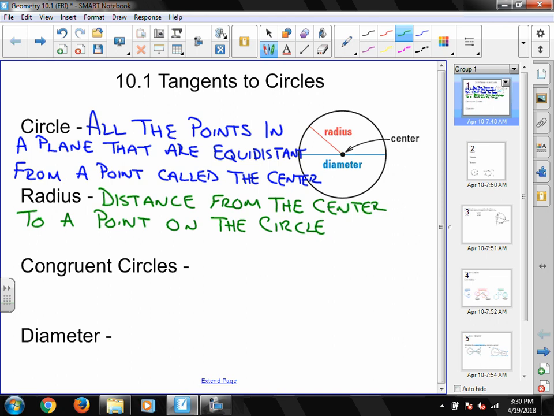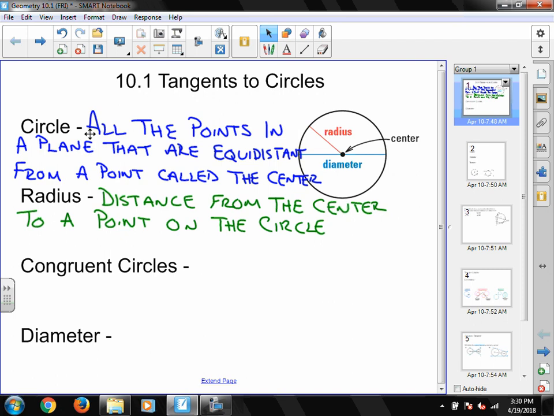So on my screen here, you can see it is highlighted in red, big radius. It's just how far away these points are from the center, and they're all going to be the same, since a circle is the collection of points equidistant from that center.